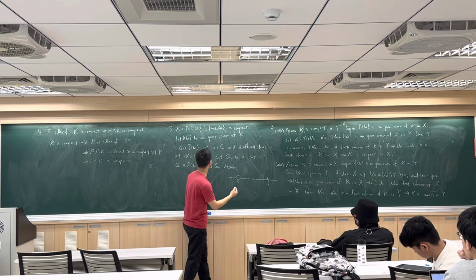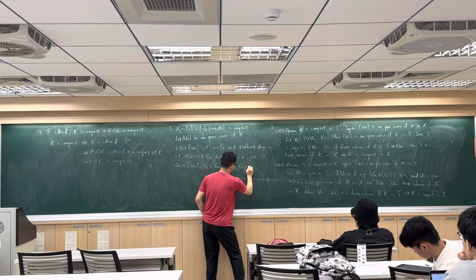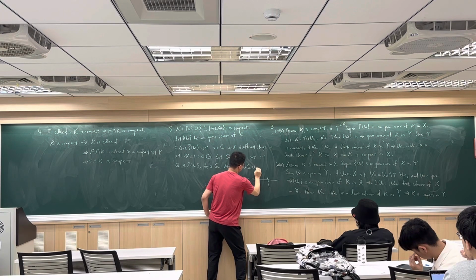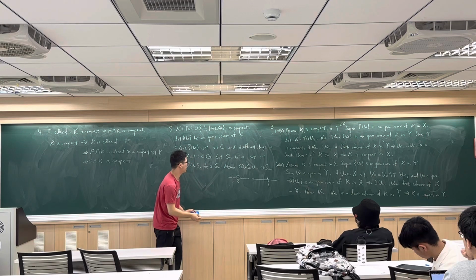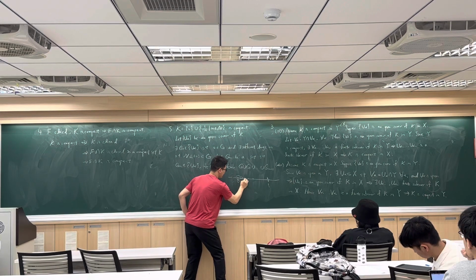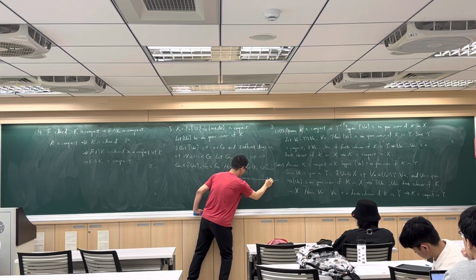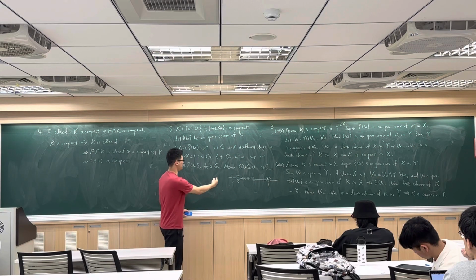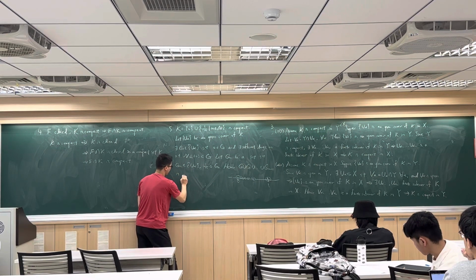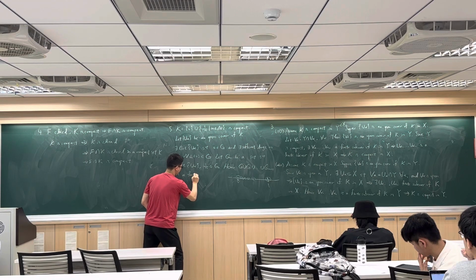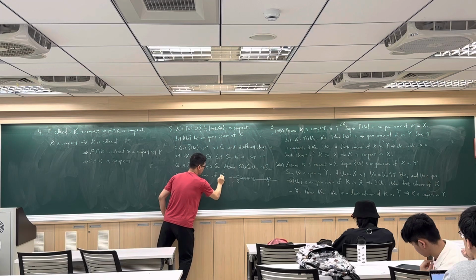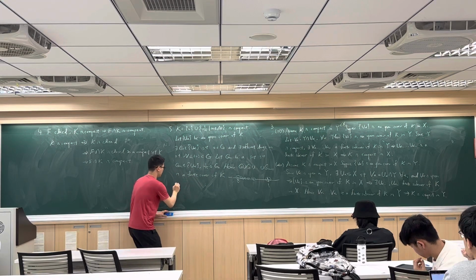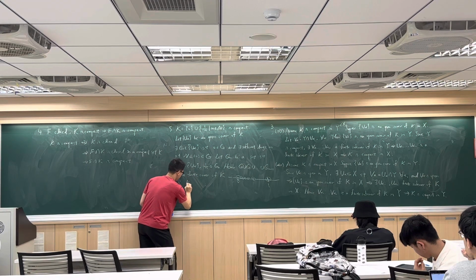So if we take the union of G, G_1, up to G_{M-1}, it will be a finite cover of K. So K is compact.